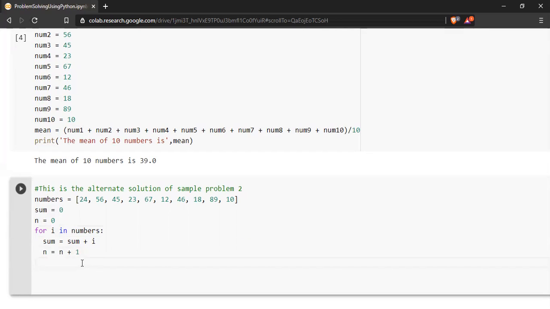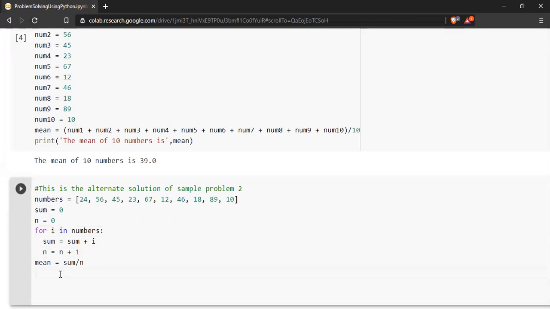Now we are going to calculate the mean by dividing the sum by the value of n. That's n, not numbers, because n here is our counter.